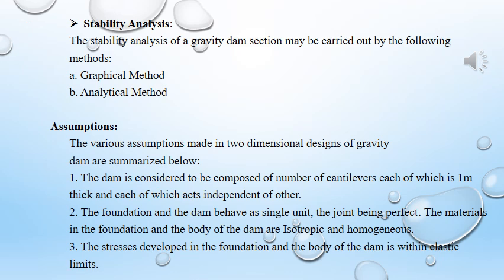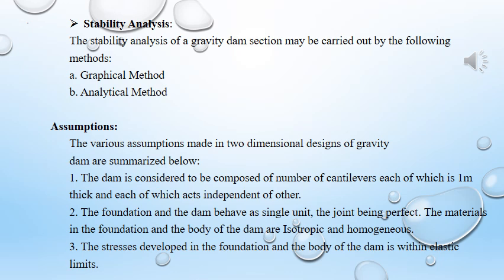Now, before coming to the stability analysis, here are some assumptions. The three main assumptions are summarized as follows. The first one is that there is no load transfer by beam action, as the entire dam is assumed to be composed of a series of vertical slices or cantilevers.